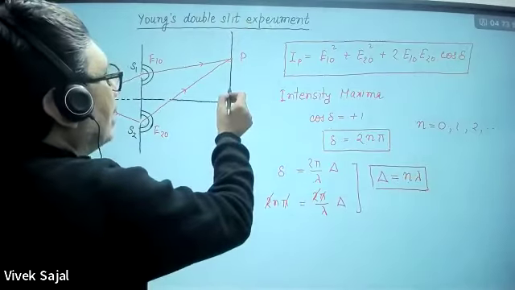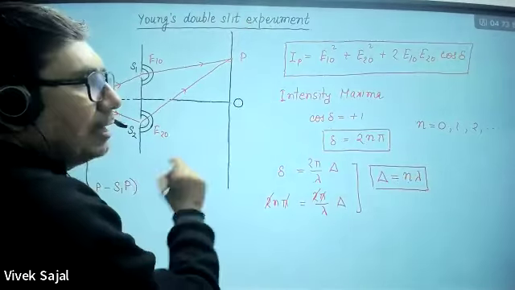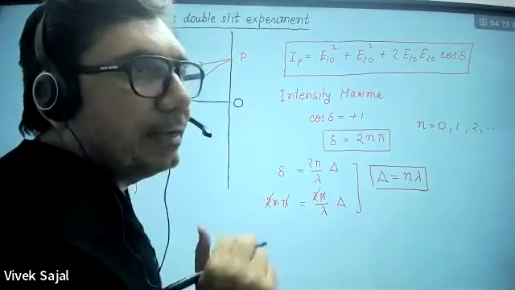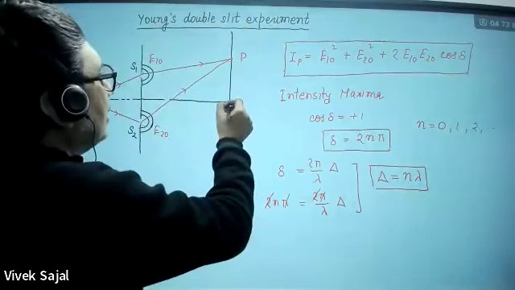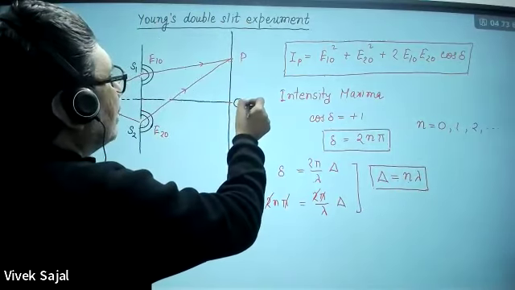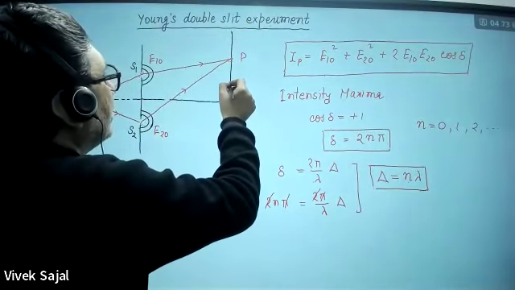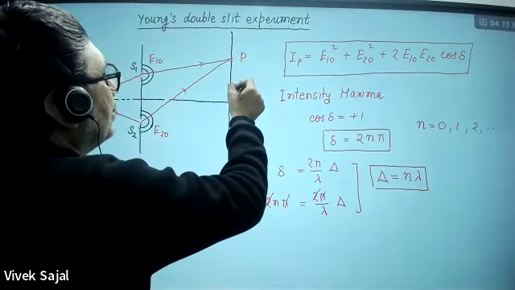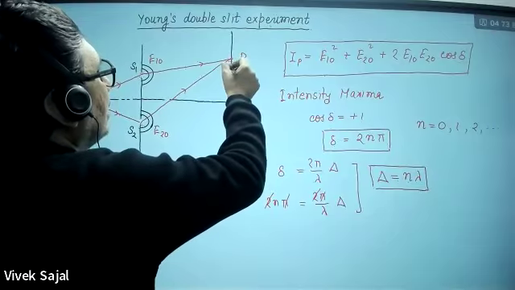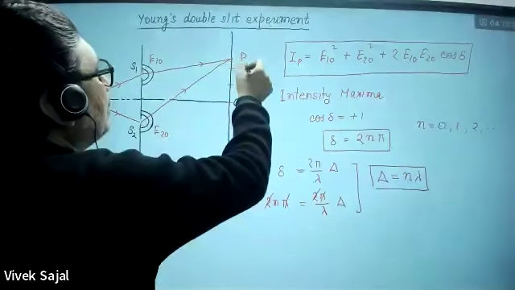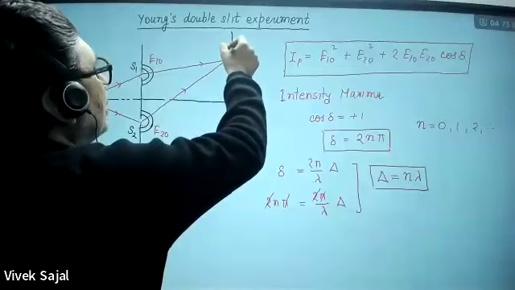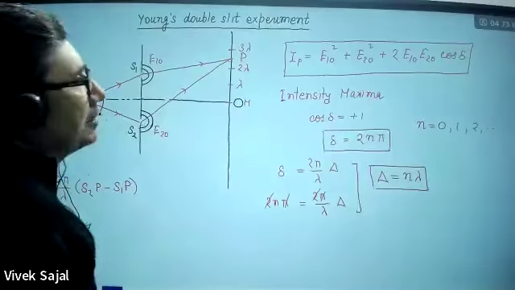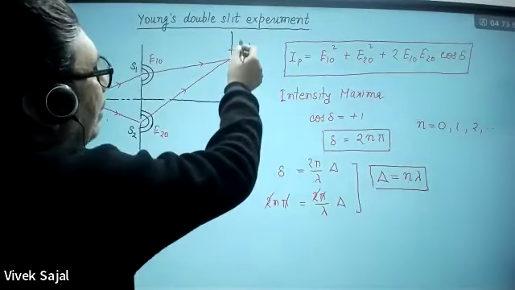And when you move in the upward or downward direction, whenever you get a path difference of lambda, you will get a maxima. So at this point you get a maxima. Then here, where path difference is lambda, you get a maxima. At 2 lambda, you get a maxima. Corresponding to 3 lambda, you get a maxima.